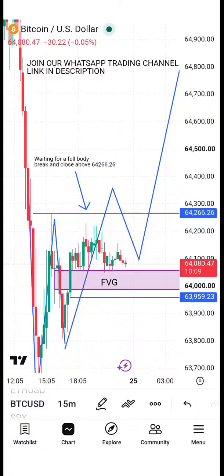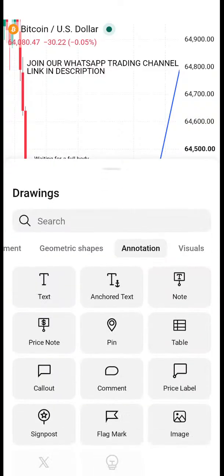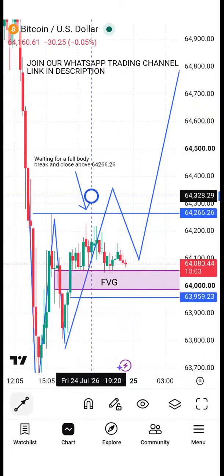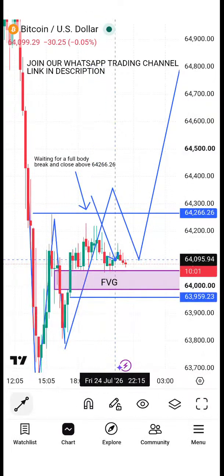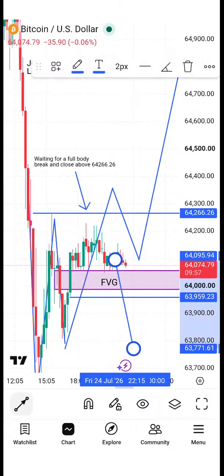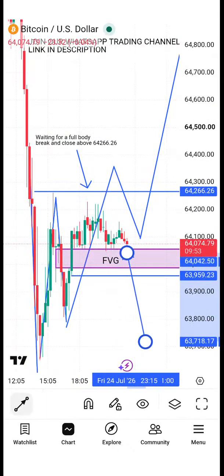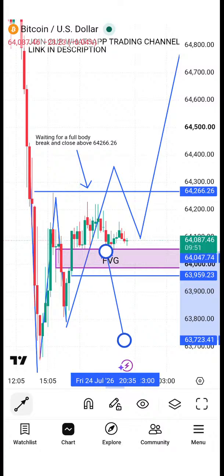I know there are those that have already placed some buy entries around this area.